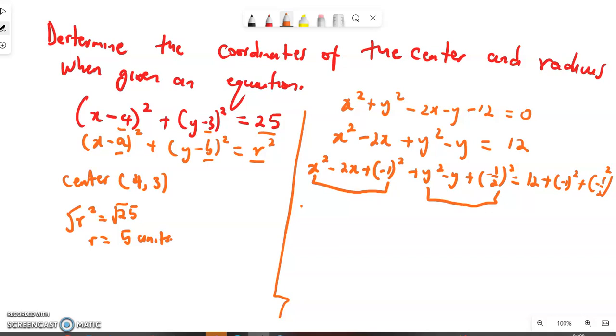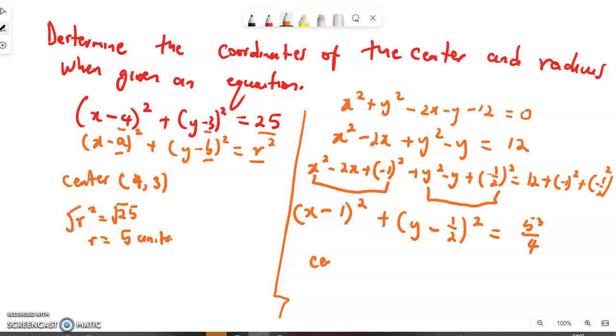This can be represented as (x minus 1) all squared plus (y minus half) all squared is equal to 12 plus (negative 1) all squared plus (negative half) all squared. So the answer is 53 over 4.